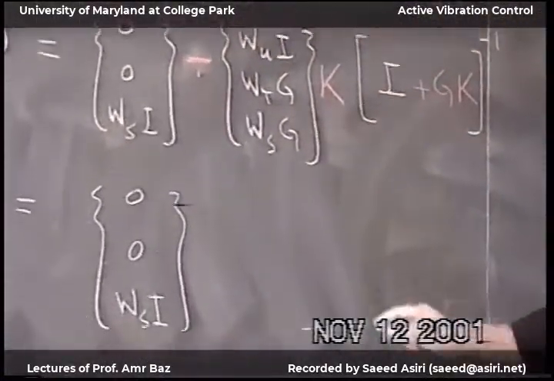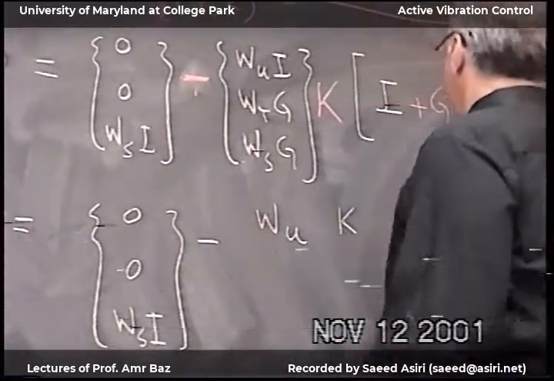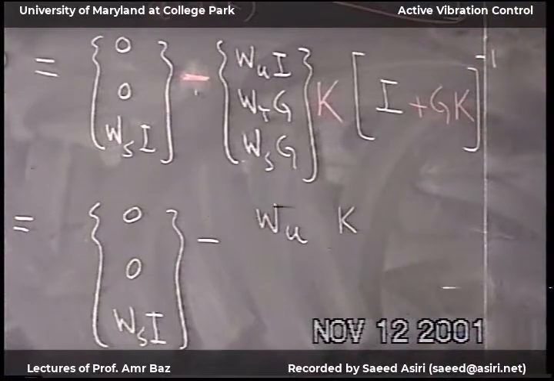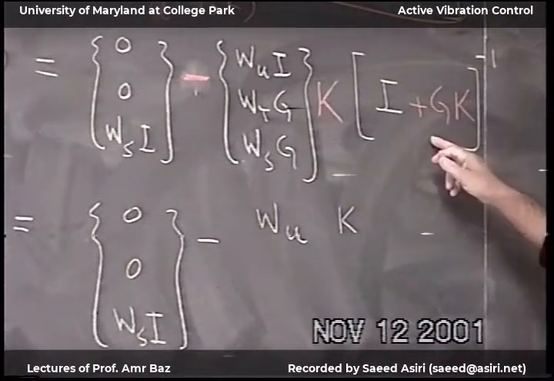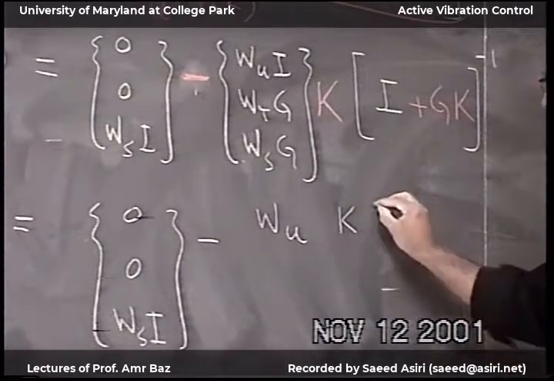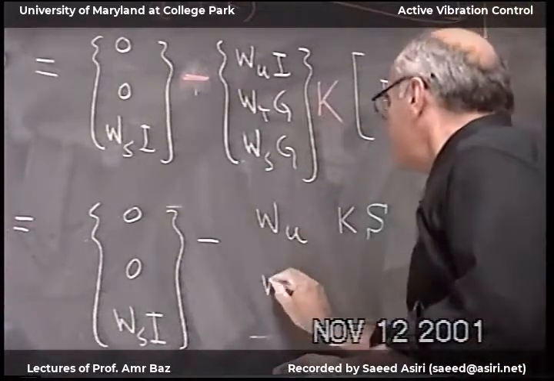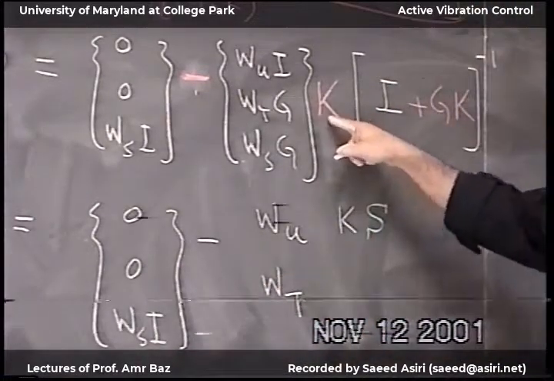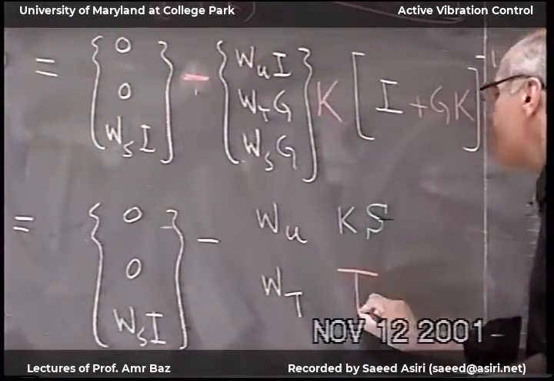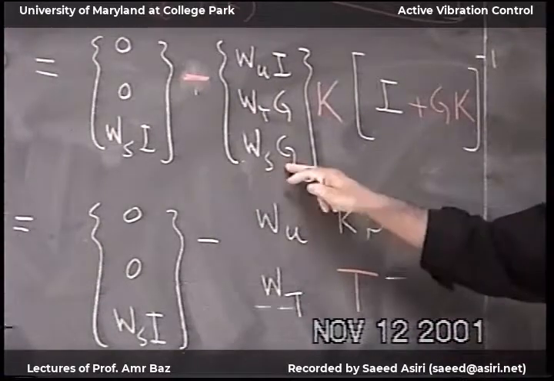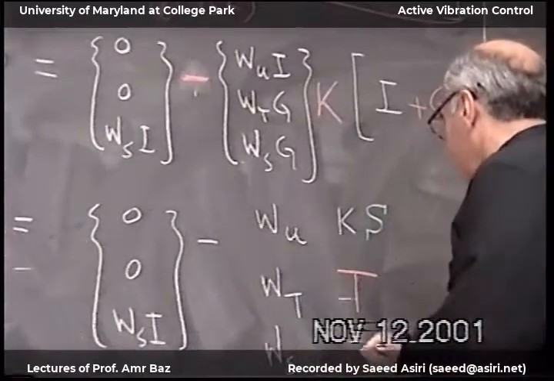And I'm going to write this WU, K. If you remember from the past, we said that I plus GK inverse is the sensitivity matrix. And then here, WT, GK divided by this, so this is the co-sensitivity matrix. And then WS, GK, and this is T.